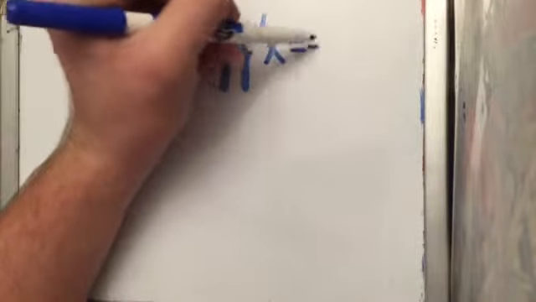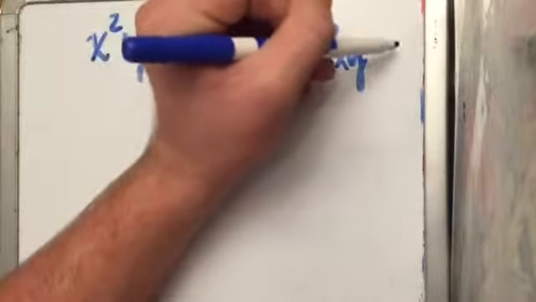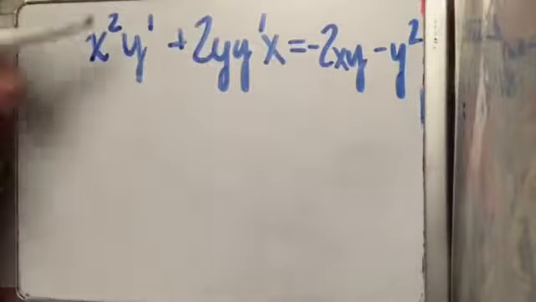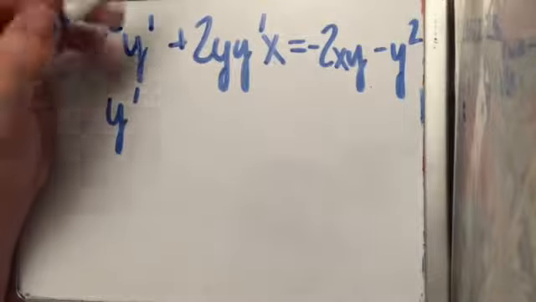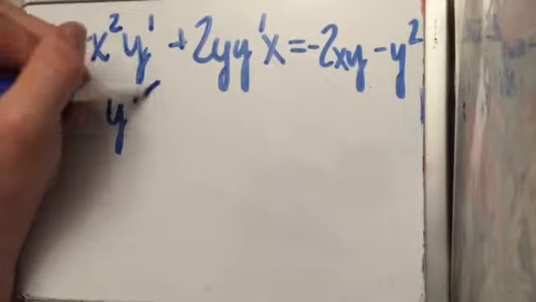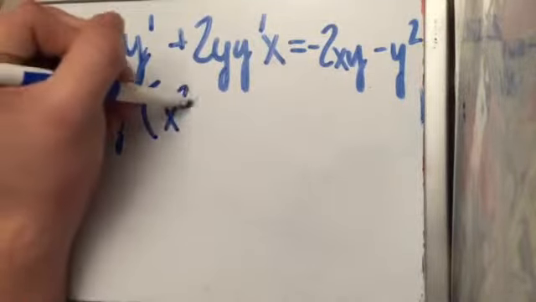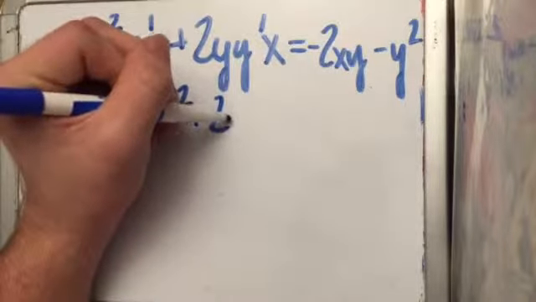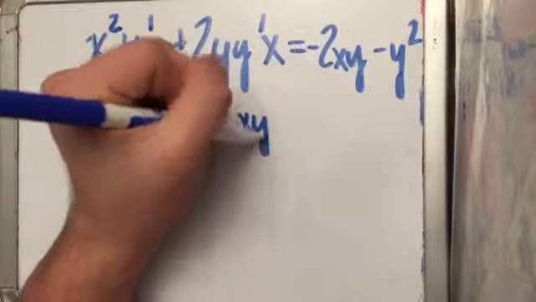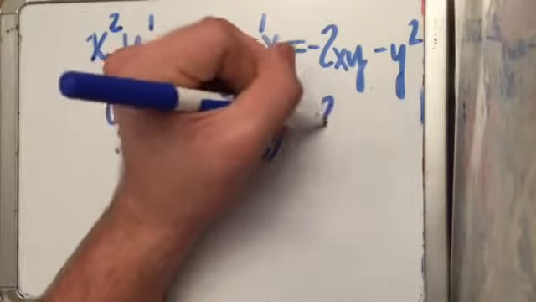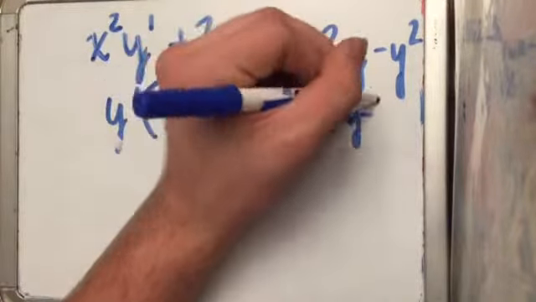So we've got x squared y prime plus 2y y prime x equals negative 2xy minus y squared. We're going to isolate y prime by factoring it out. So y prime times x squared plus 2xy equals negative 2xy minus y squared.